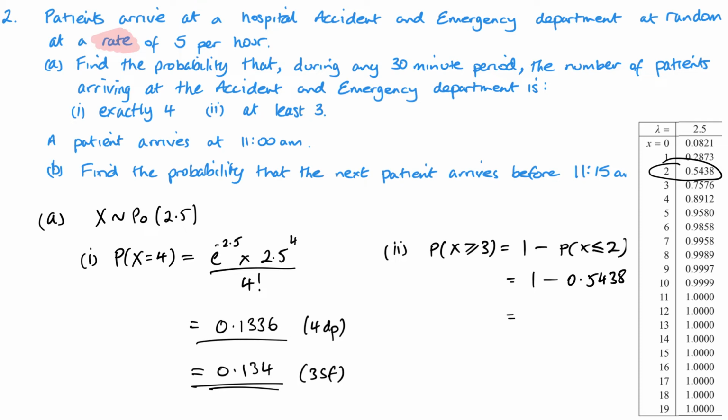So 1 minus 0.5438 is 0.4562. Again, that's to 4 decimal places, as obviously the tables are. So if we looked at 3 significant figures, we get 0.456. And that's what we're always aiming to make sure we round to.